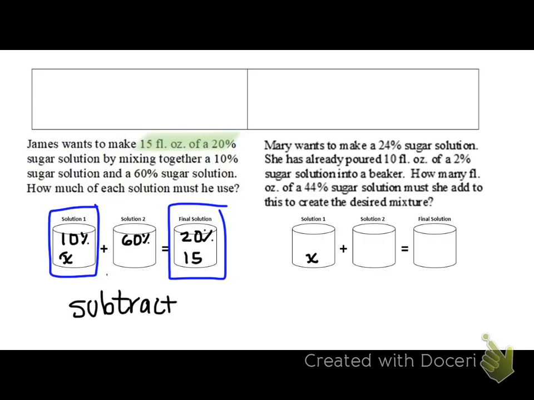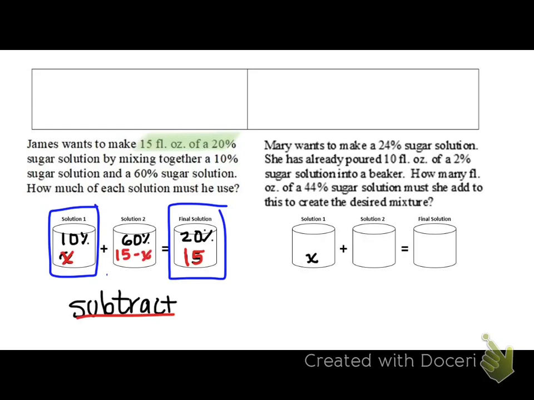Now, because we know that we identified it to be our solution one and our final solution, and we're looking at subtraction, the way that we want to be able to identify that is by the x and 15. Okay? To write that final equation using subtraction, that final equation will be 15 minus x.